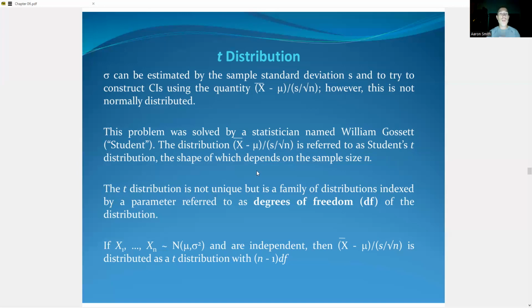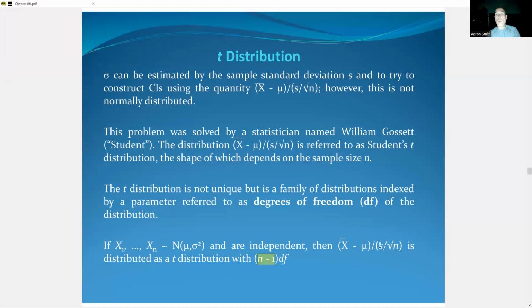The t-distribution is not unique, but is a family of distributions indexed by a parameter referring to the degrees of freedom of the distribution. So if x1, x2, x3, all the way to xn, all the values of our sample, are distributed normal with mean mu and variance sigma squared, independent and identically distributed, then this fraction, (X bar minus mu) divided by (S divided by square root n), is t-distributed with n minus 1 degrees of freedom.